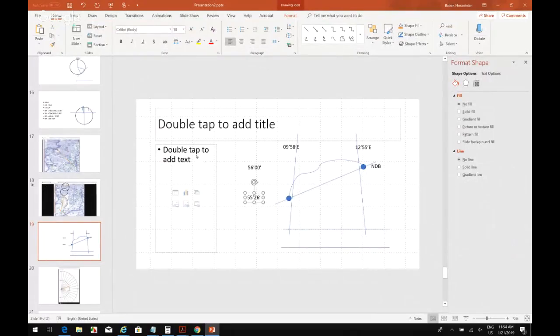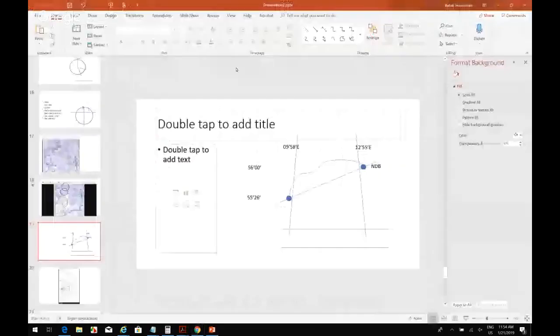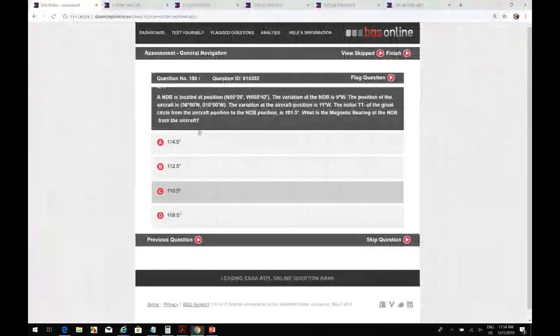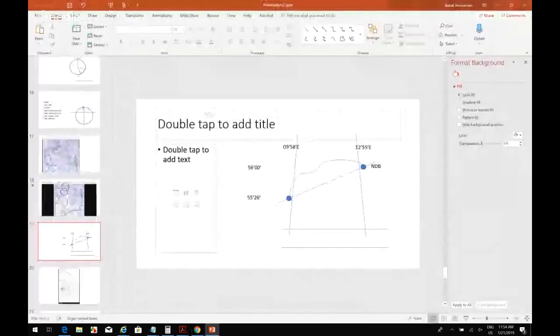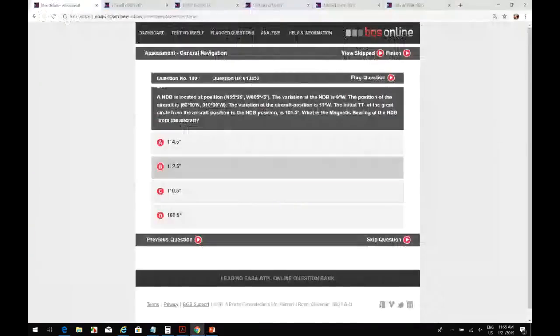Okay. West 542 and 10. And west 542 west. Okay, so the variation at the NDB is 9 west.